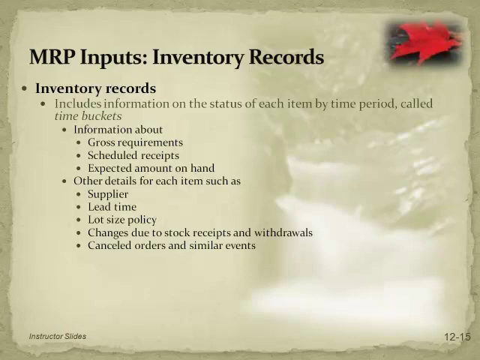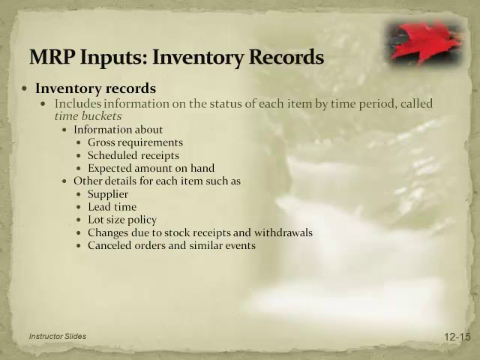One more input for MRP, and that is the inventory information. Okay, so the inventory information, we need some information not only on how much inventory we have of a particular item right now, but we also need to know if we have some orders that we have placed for that particular inventory item, and we've placed those in the past, but they have not yet come in.